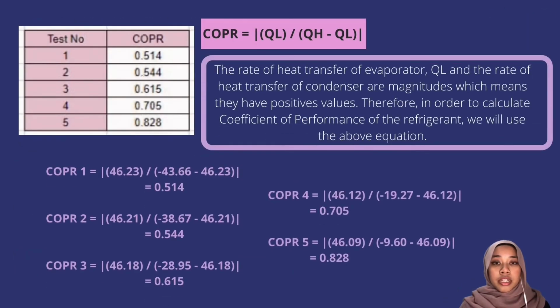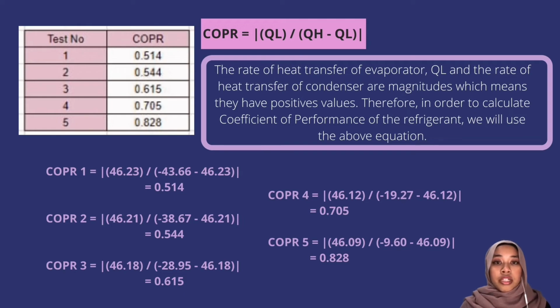Continuing our discussion, which is the objective of this experiment, we will now determine the coefficient of performance, COP. The rate of heat transfer of the evaporator QL and the rate of heat transfer of the condenser QH are magnitudes, which means they have positive values.